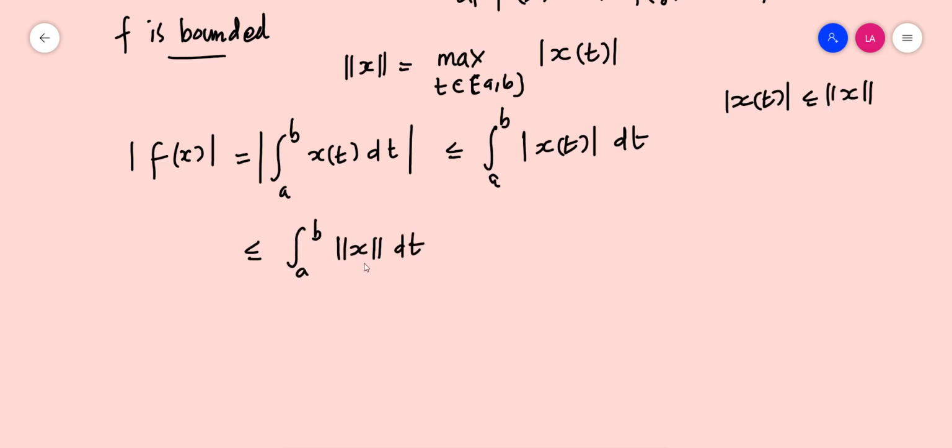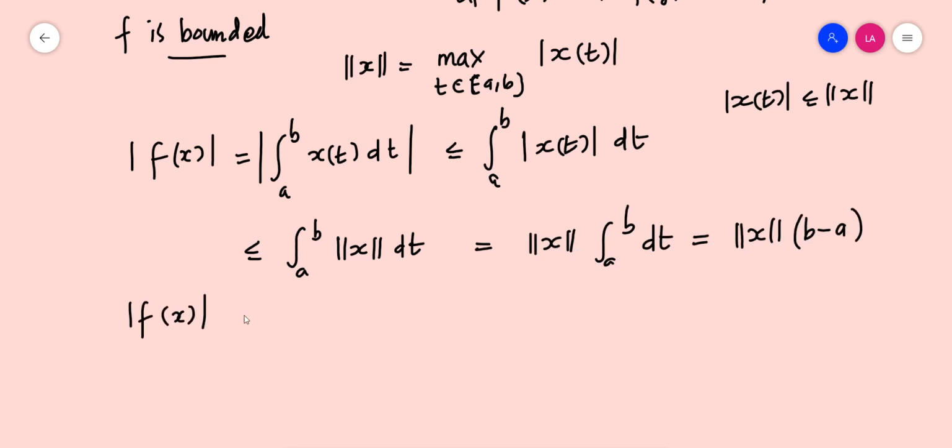Norm x is a fixed number, so this equals norm x into integral a to b dt. Now integral a to b dt is b minus a. So modulus of f of x is less than or equal to b minus a times norm x, which means that f is bounded.